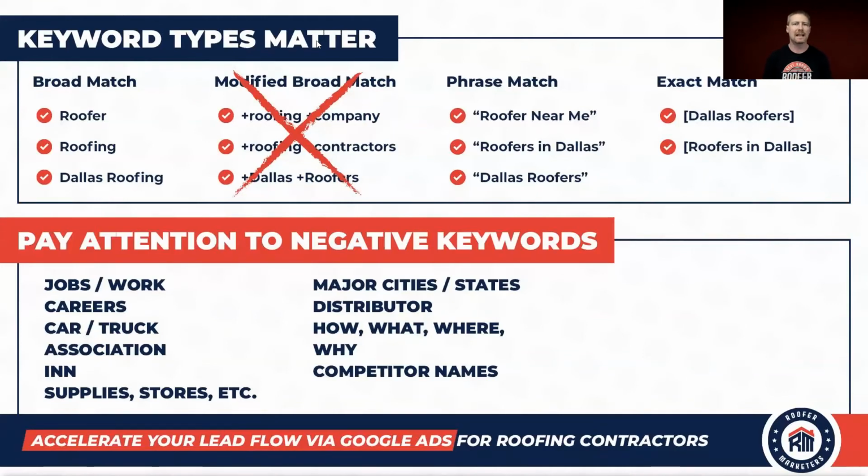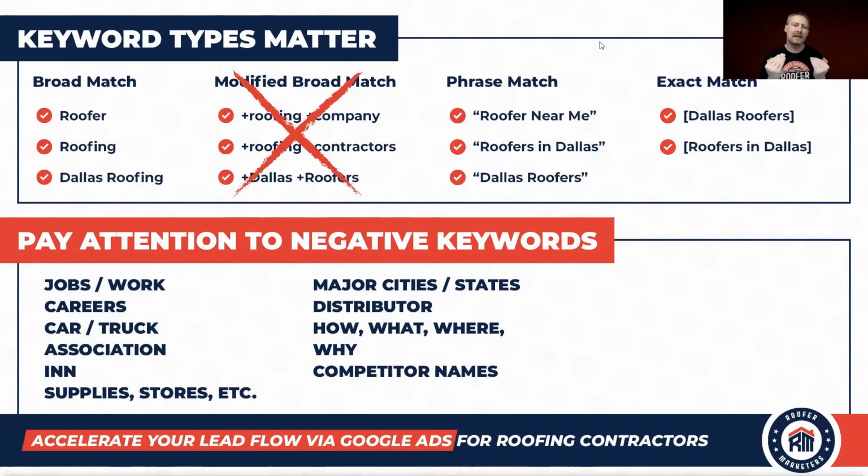So for roofers in Dallas, if someone typed in roofing company in Dallas, your ad would not show up. Dallas roofers, if someone typed in Dallas roofing companies, your ad would not show up. It's exact match, so you get a much tighter audience to show your ad to.